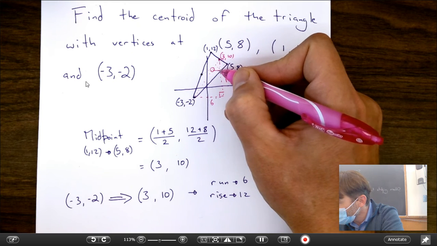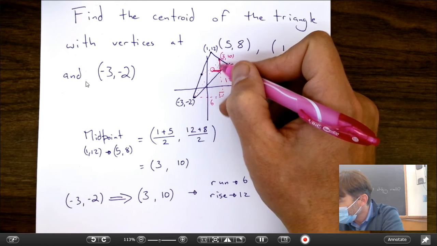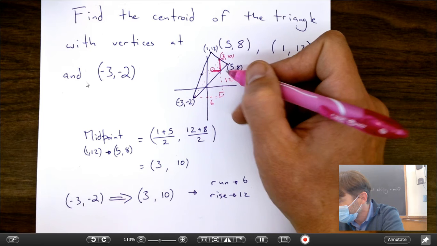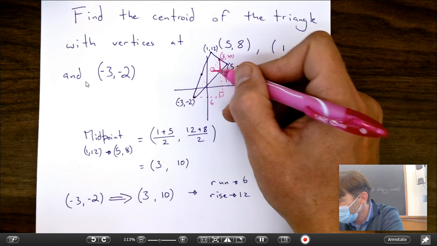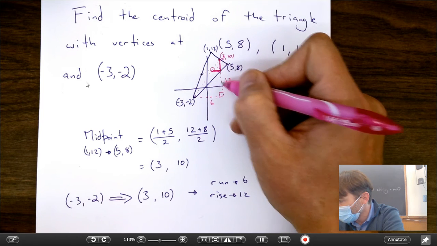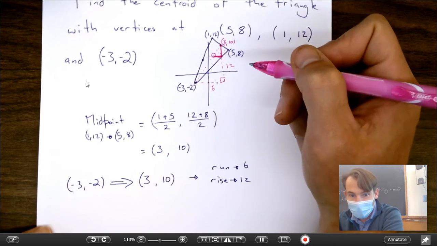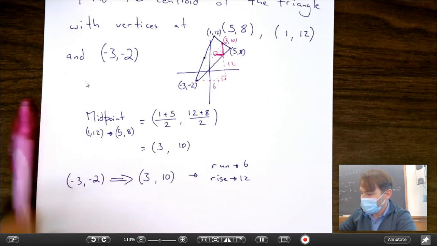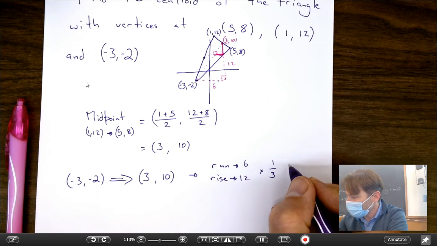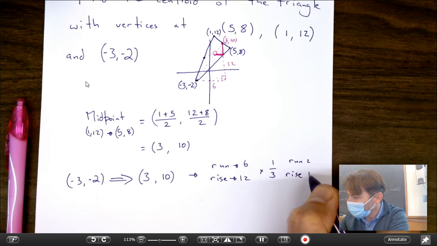That would be 1/3 of 12 this way, and 1/3 of 6 that way. So this would be a run of -4 and a rise of -2... because that would be 4, 4, 4, that would be 12, and 2, 2, 2, that would be 6. So I can just take these numbers and multiply them by 1/3, and that gives me a run of 2 and a rise of 4.